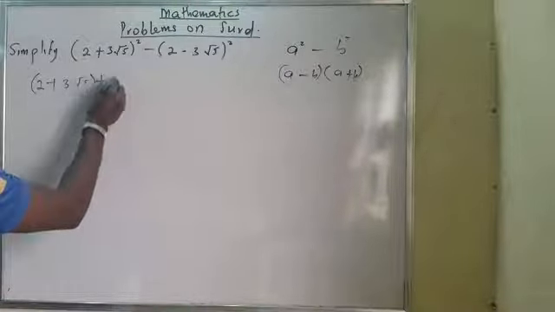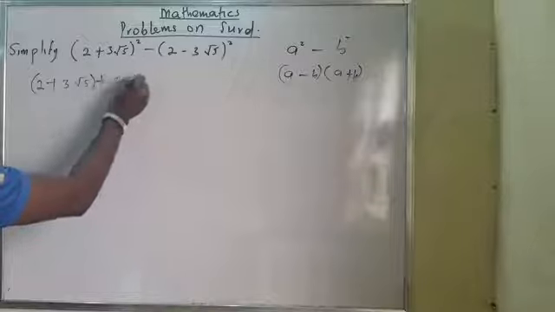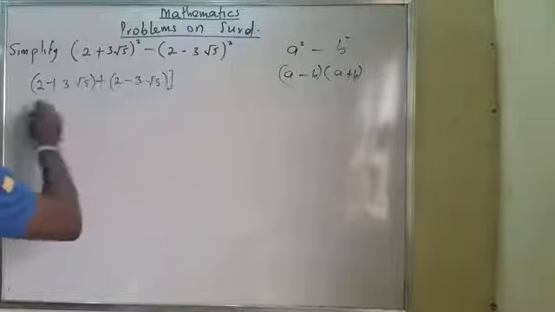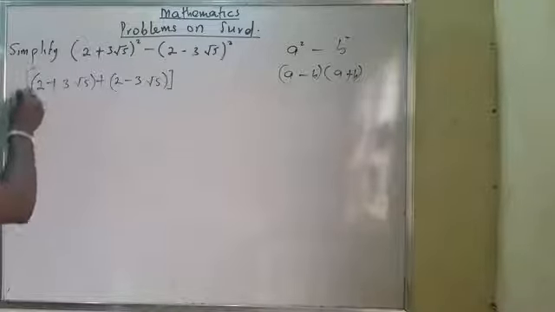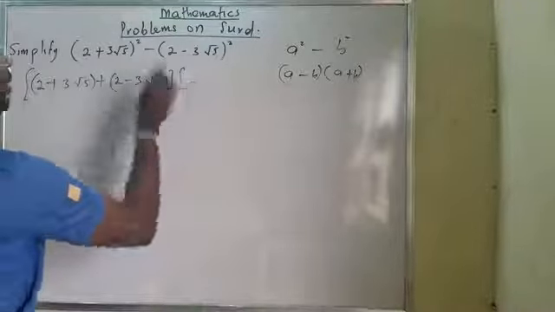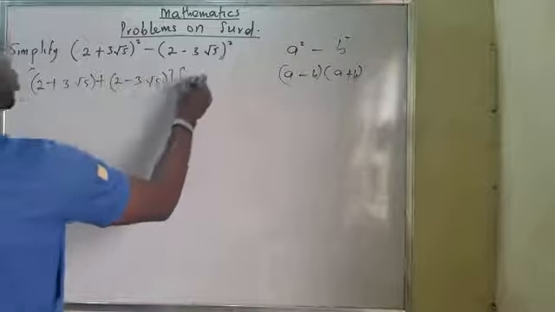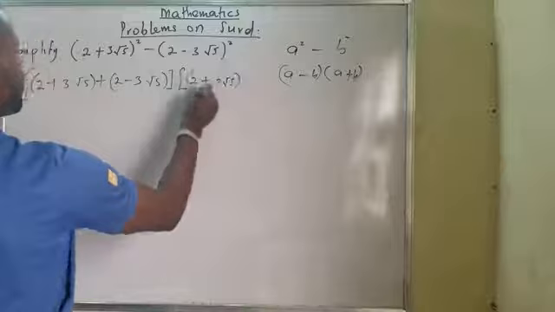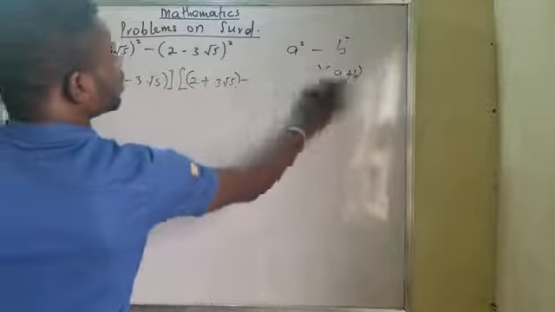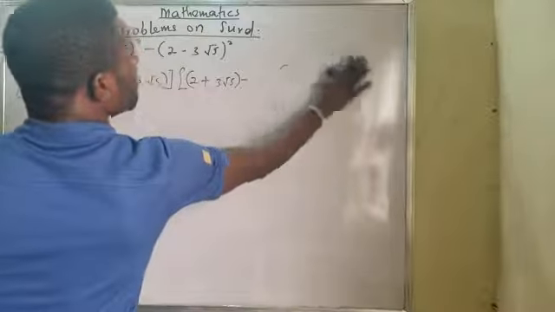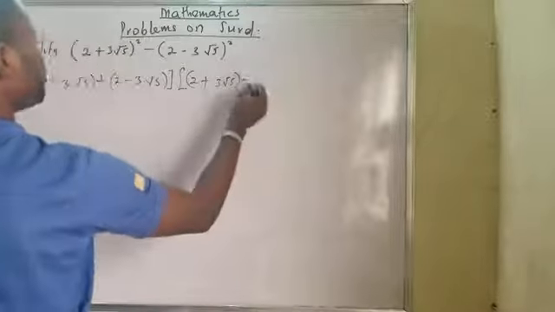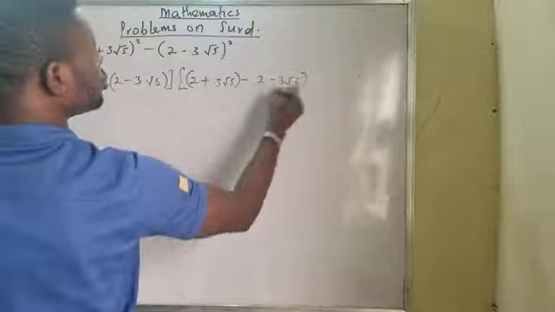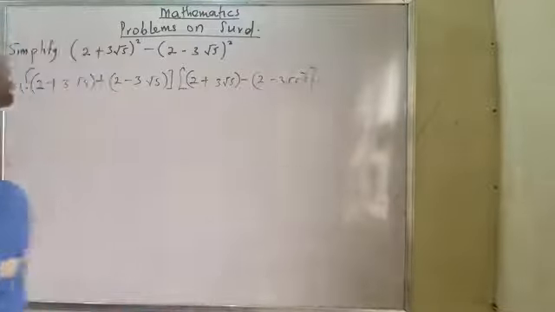I'll be having 2 minus 3 root of 5, close bracket, and another bracket, which is 2 plus 3 root of 5, minus 2. It's good to introduce your brackets so that you'll be able to trace very well.